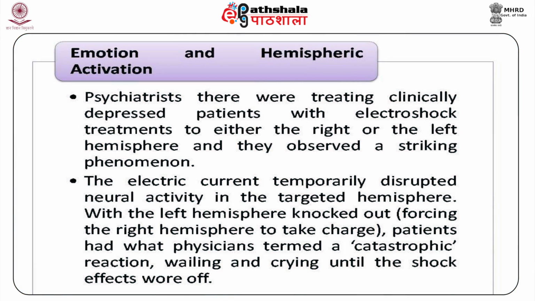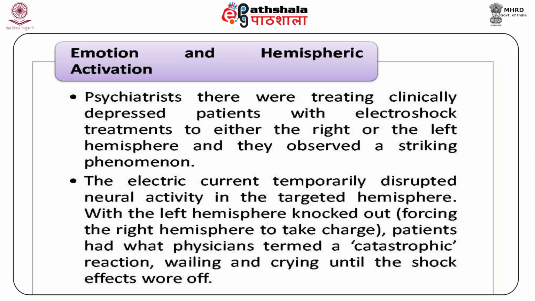Psychiatrists were treating clinically depressed patients with electroshock treatments to either the right or the left hemisphere, and they observed a striking phenomenon. The electric current temporarily disrupted neural activity in the targeted hemisphere, with the left hemisphere knocked out, forcing the right hemisphere to take charge.